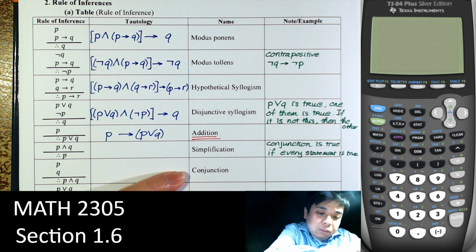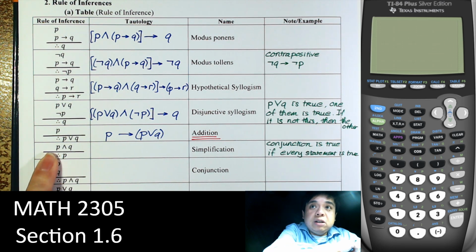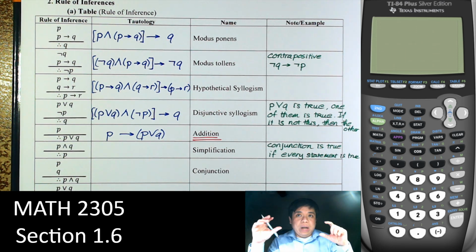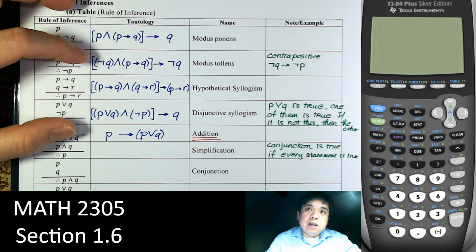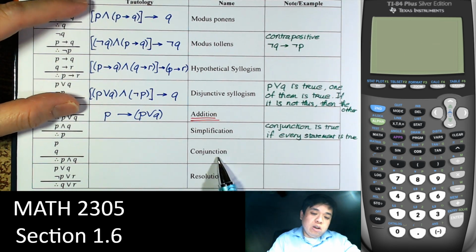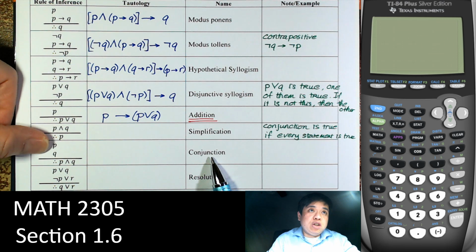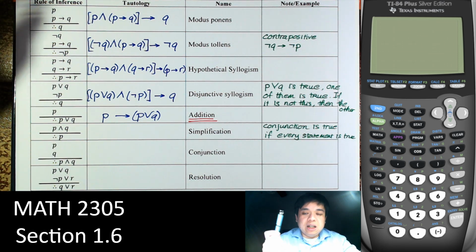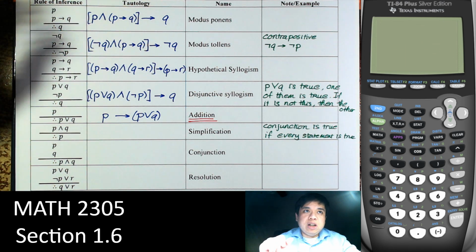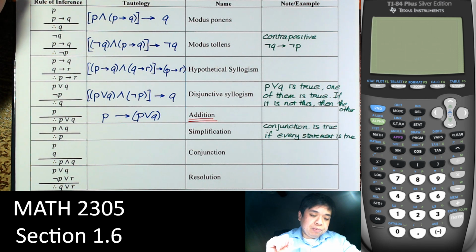Right? So if the whole connection with and is true, then each and every one of them has to be true. So we only need one of them. Likewise, for the conjunction, just by the name, if P is true and Q is true, then P and Q is true. Of course, that is the calculation for the and.